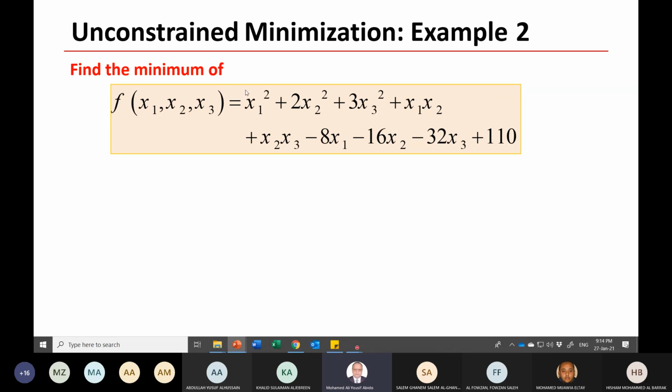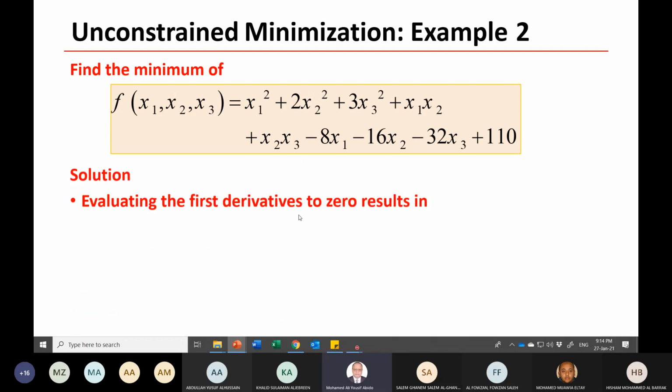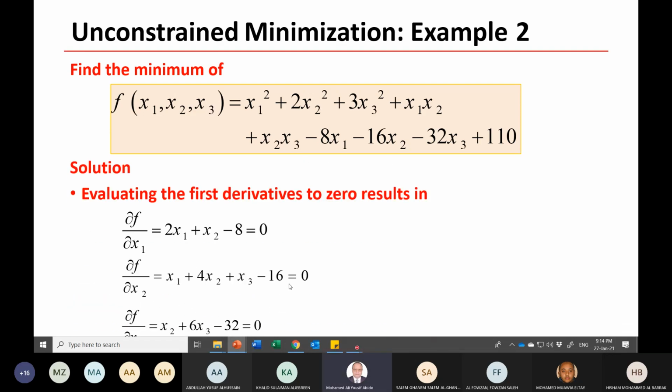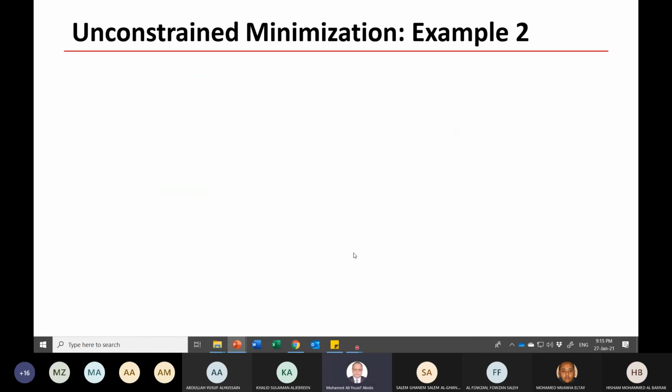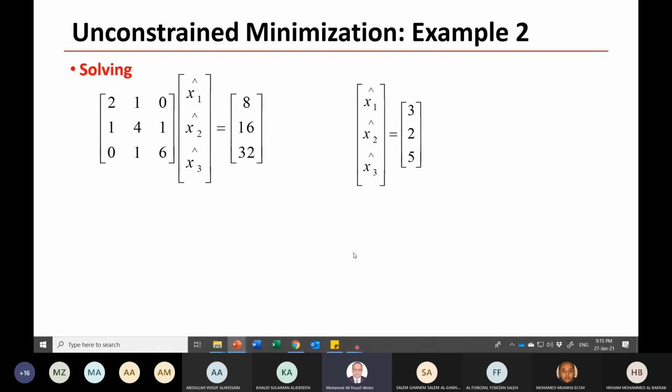Again, this is another example. How many variables do we have? We have 3 variables, x1, x2, x3, and 3 equations. In principle, you can solve the 3 equations in 3 unknowns and get x1, x2, x3.